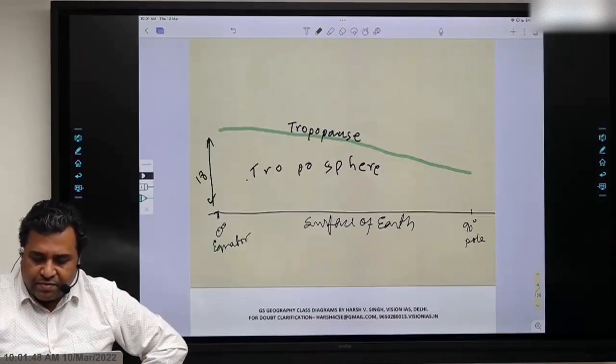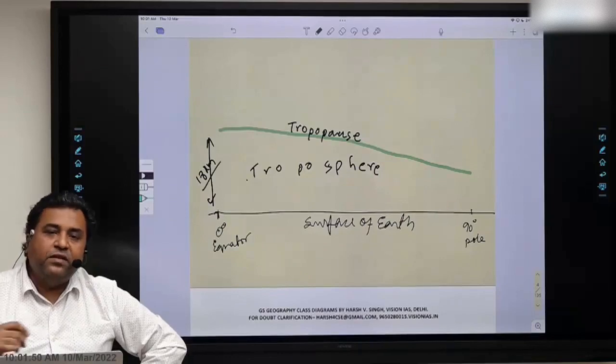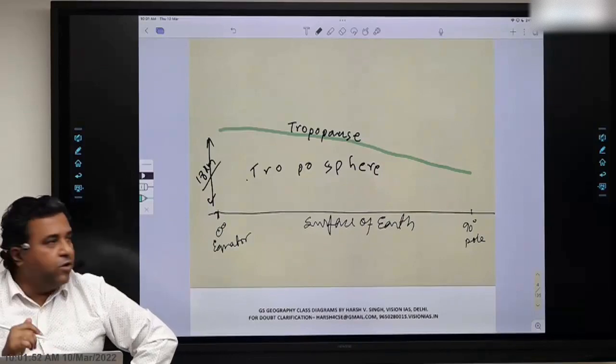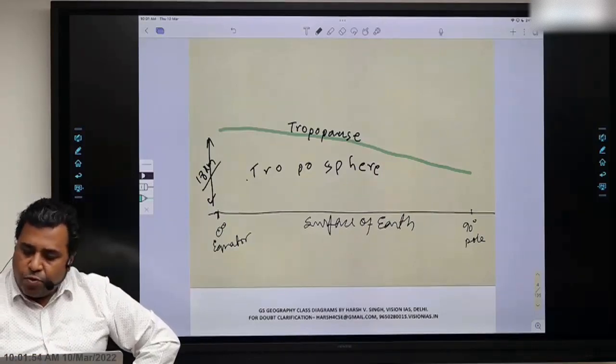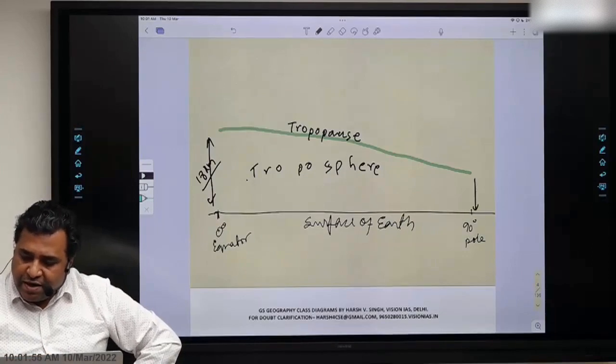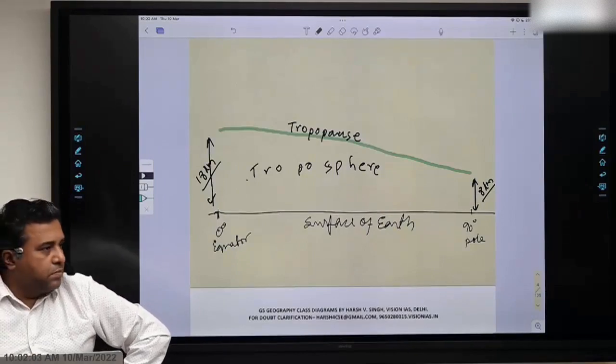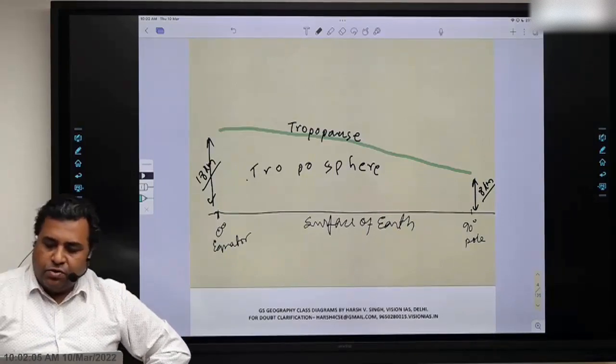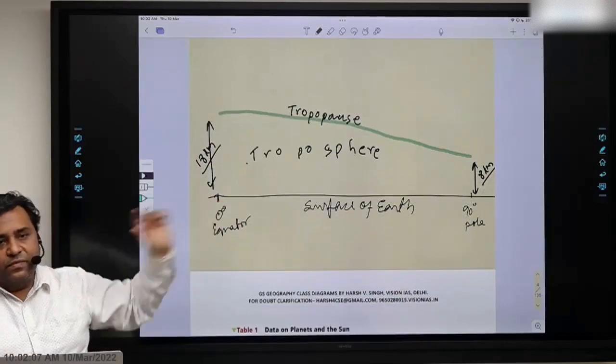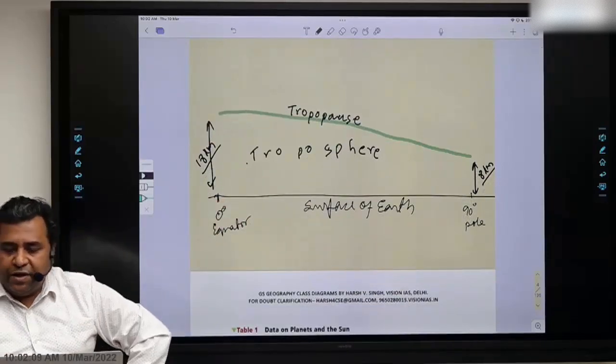It varies. At the equator it is 18 kilometers as we are drawing, and at the pole it is 8 kilometers. ठीक है?